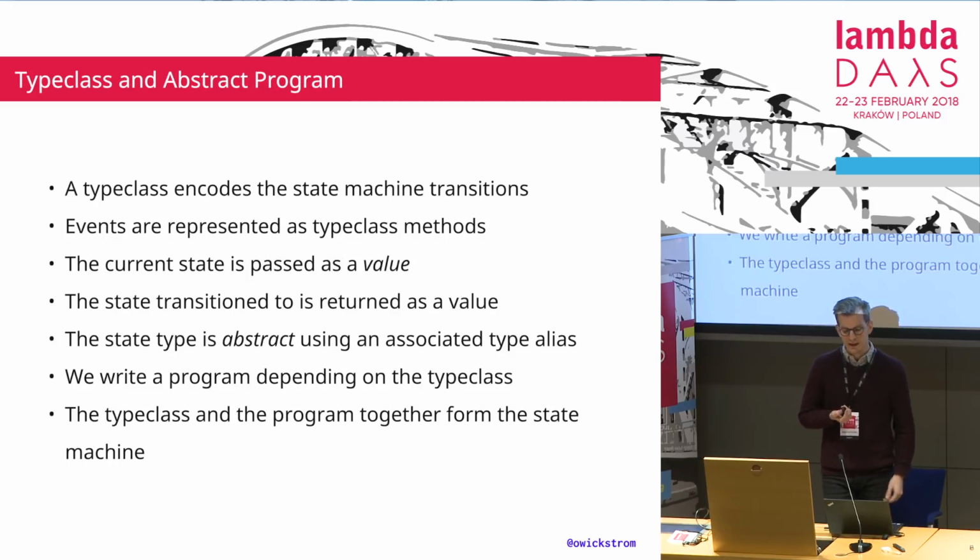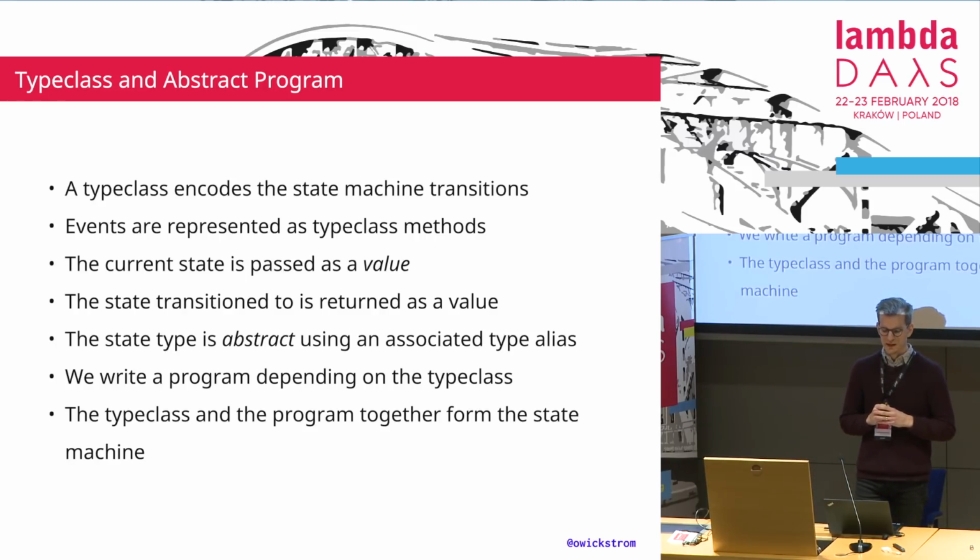So we write a type class encoding the legal transitions of the state machine. We represent each event as a method in the type class. Those methods take the current state as an argument and return the next state. We use an associated type alias to make the state type abstract for this type class.